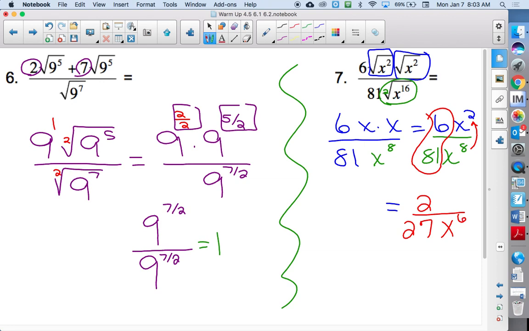So 6 and 81 have a 3 in common. They're both divisible by 3. And then the x's, you're subtracting them. Wherever the larger power is would be where your x remains. So when you subtract those powers, x to the 6th is in the denominator. So if you take them piece by piece, a little part at a time, you're less likely to make a mistake or an error.